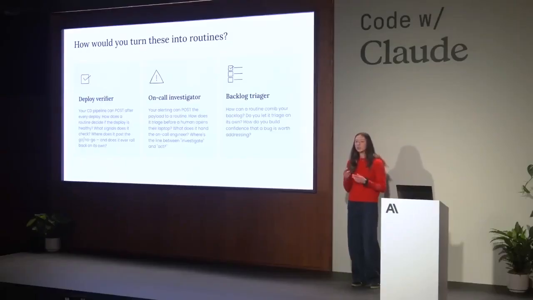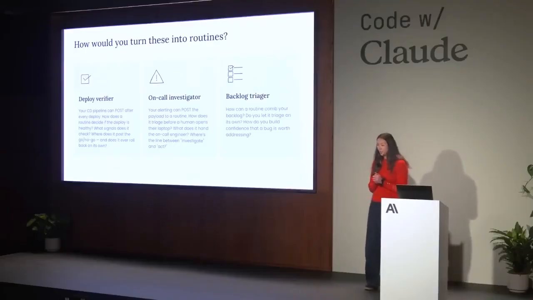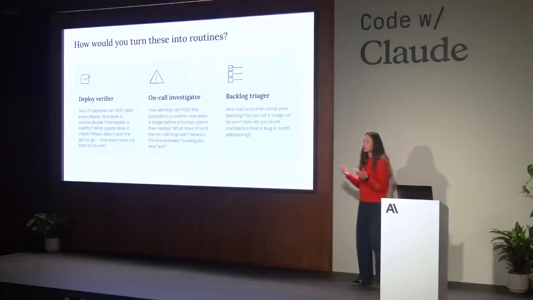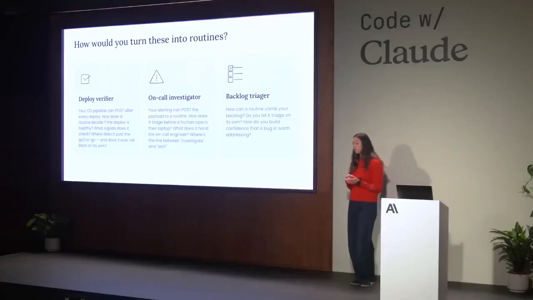Then maybe I can continue to work with Claude if I actually think that this should be rolled back, and actually use Claude to help me roll back a change. Maybe eventually, as I watch Claude work more and more and trust its decisions, I can let Claude roll back the change itself, based on the monitoring data it has access to, if I deem that that's the right decision.